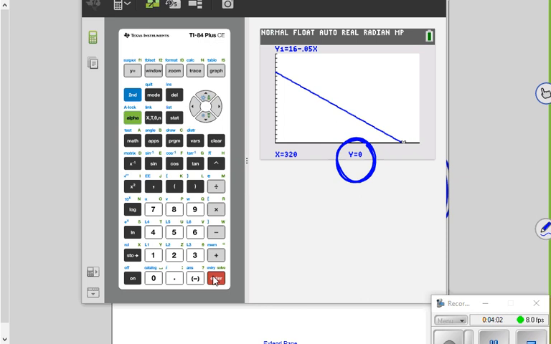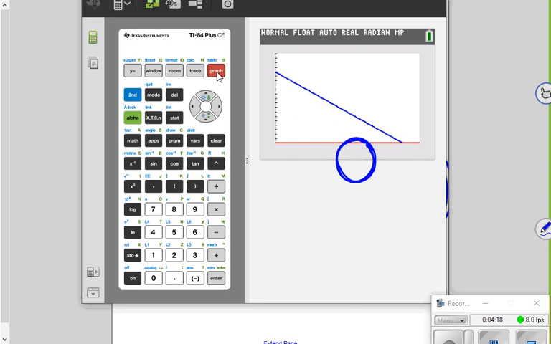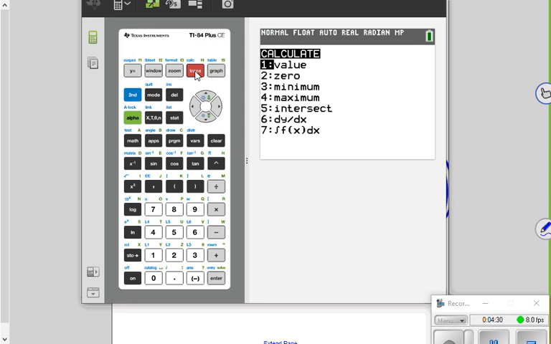Here's another way to do it. Go back to Y equals. Go down to Y2 and just put in the number 0. That's going to make a horizontal line on the x-axis when you hit graph. It turned red because on my calculator, Y2 is red. Now, instead of guessing and checking, we can use second trace, the calculate menu.